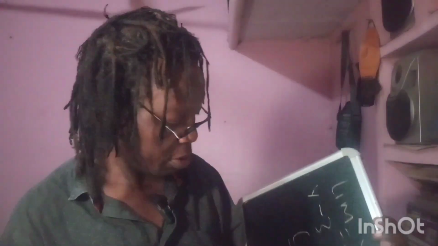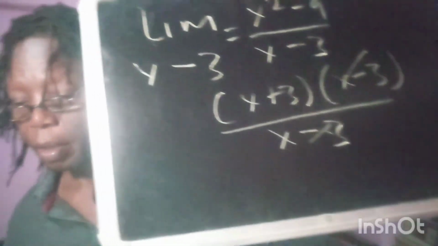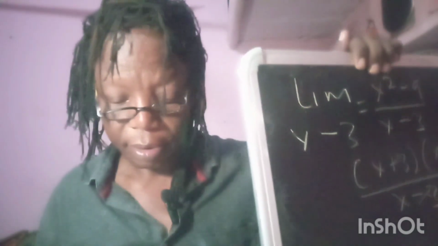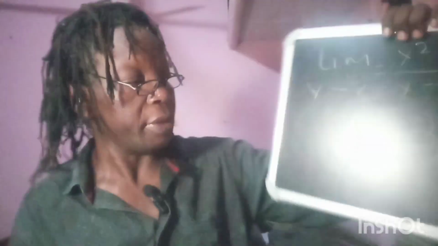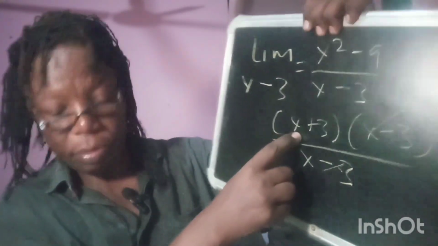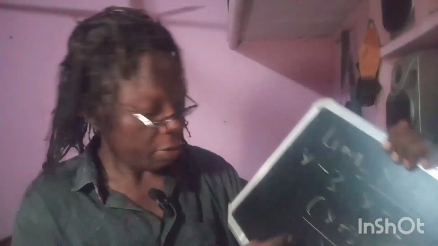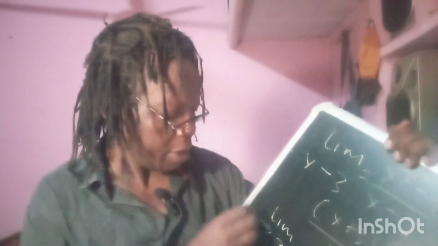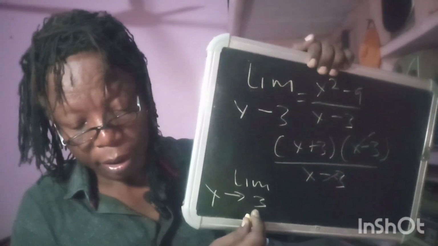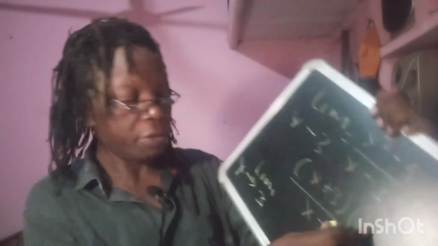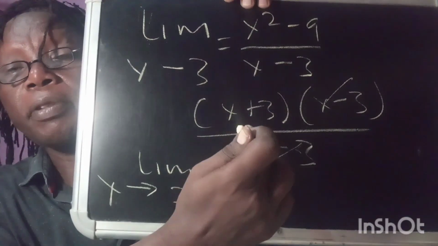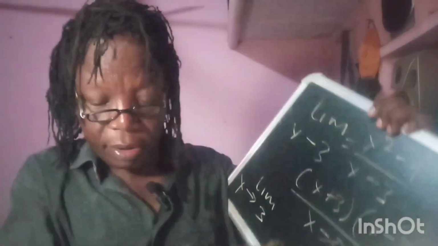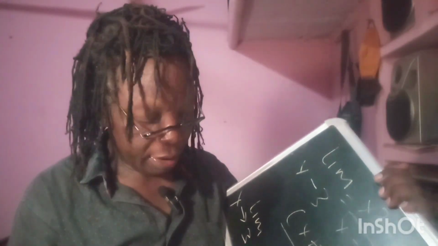Once we do that, we can now use direct substitution. We can replace x with 3. Once you cancel here, you have the limit as x goes to 3, and you are left with only this expression, which is x plus 3.